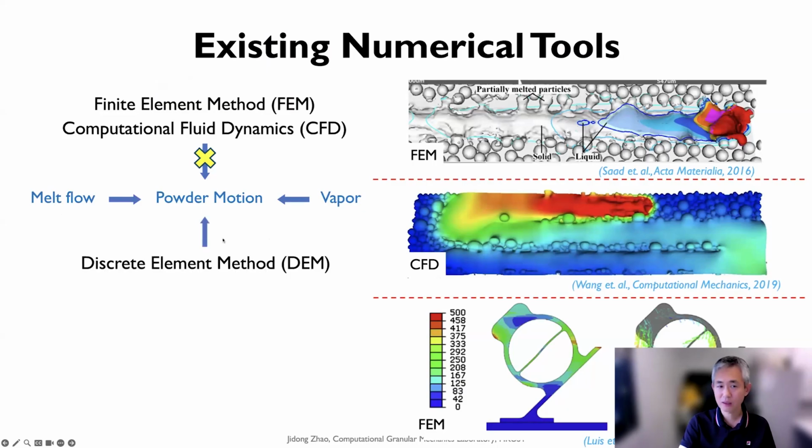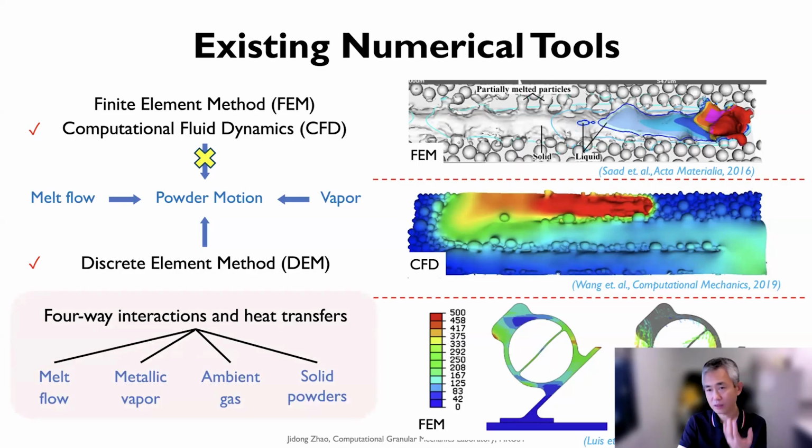In that way, we need to consider DEM because we know that DEM is very good at modeling the particles here. Okay, so for pure FEM or CFD alone, you cannot consider powder motion, and you need to couple with DEM to consider that.